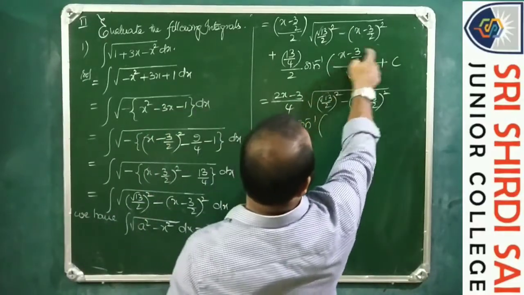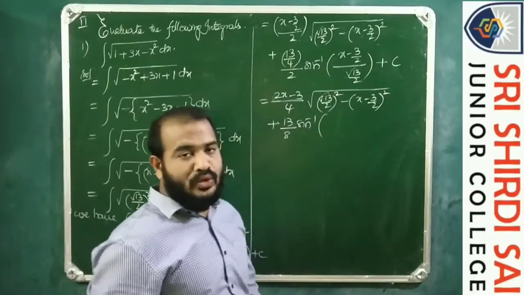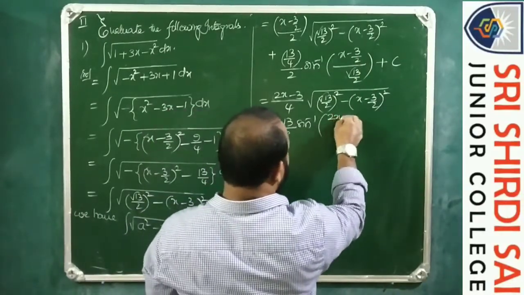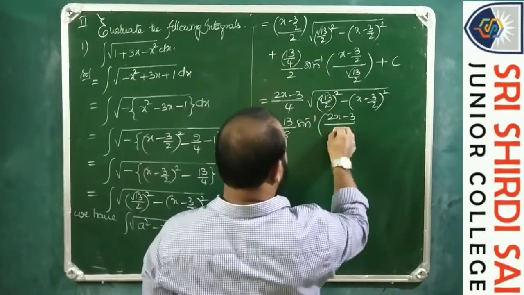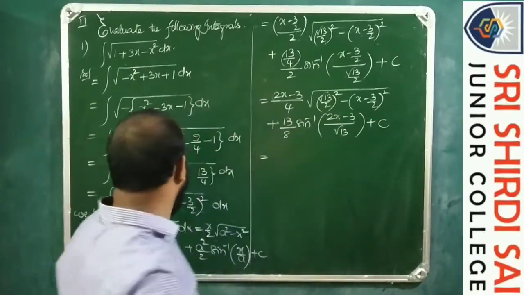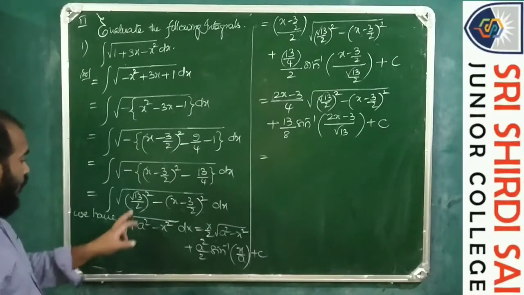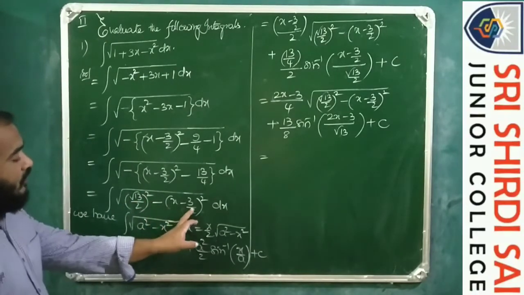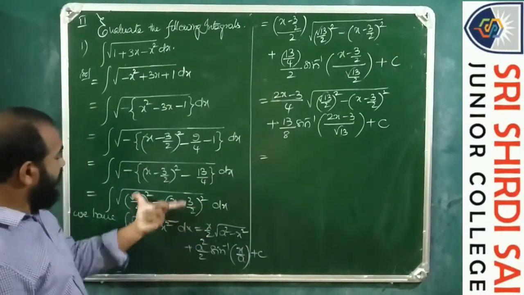This is 2x minus 3 by 2 over root 13 by 2. 2 gets cancelled. We get 2x minus 3 by root 13 plus c. So this is equals to root of 13 by 2 minus x minus 3 by 2 whole square.